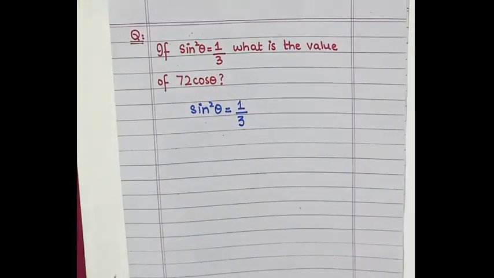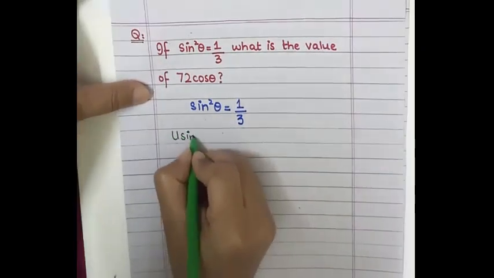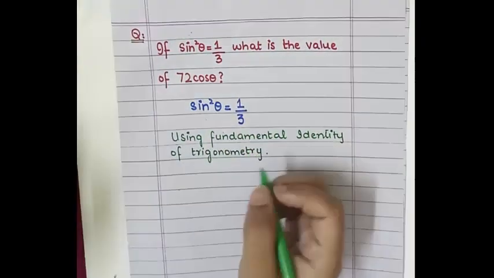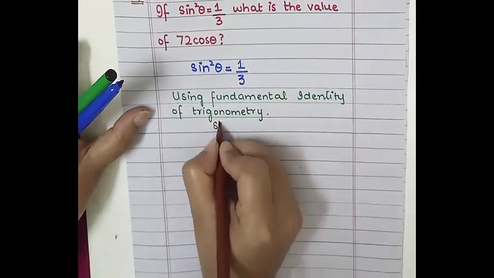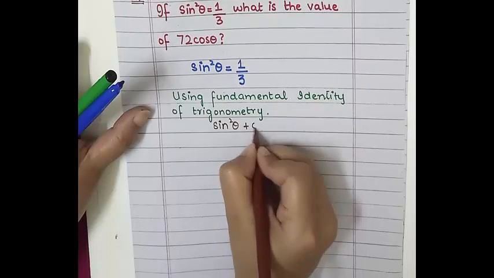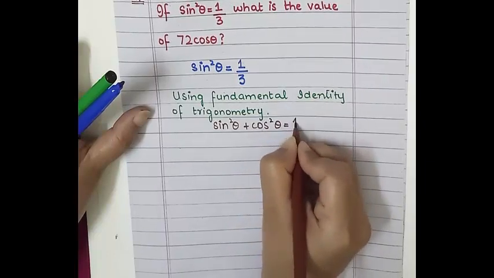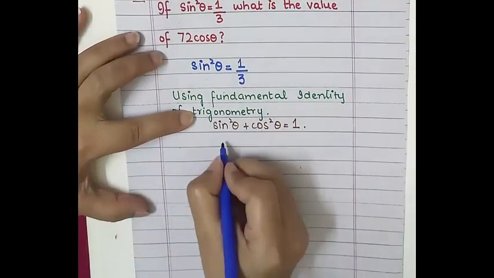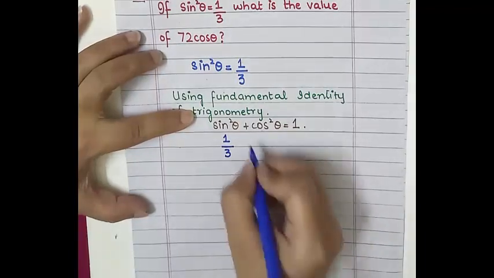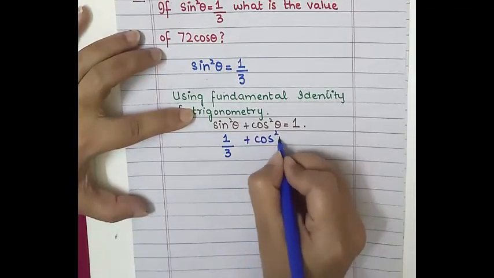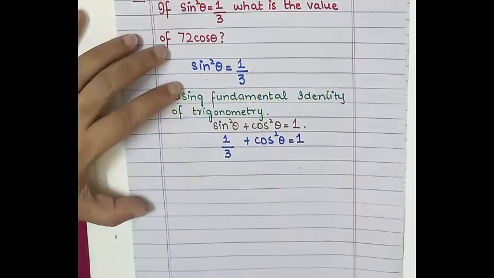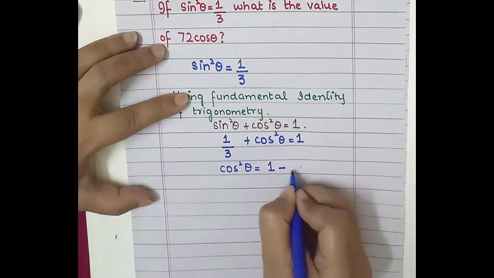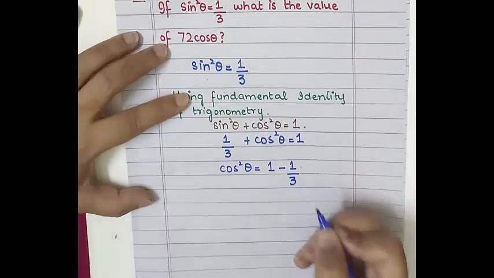Using the fundamental identity of trigonometry, sin square theta plus cos square theta is equal to 1. So putting the value, 1 over 3 plus cos square theta is equal to 1. Separating out the value of cos square theta, 1 minus 1 over 3.